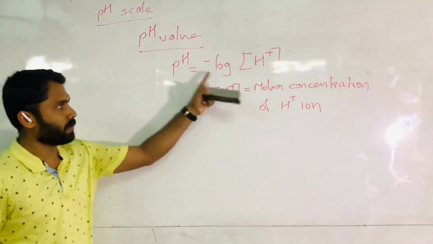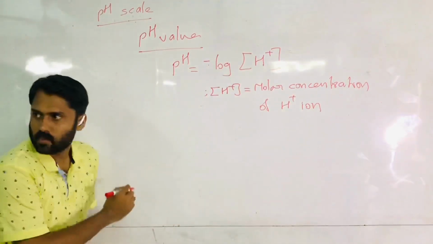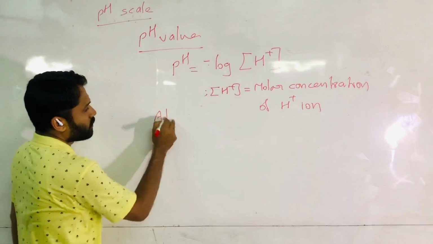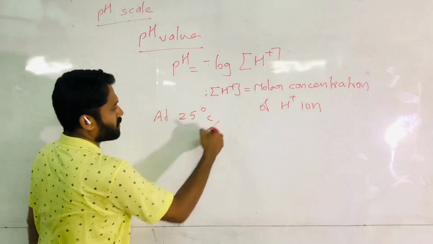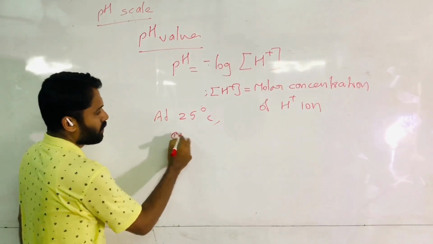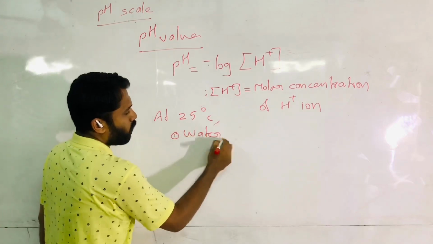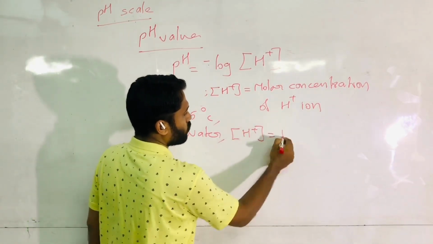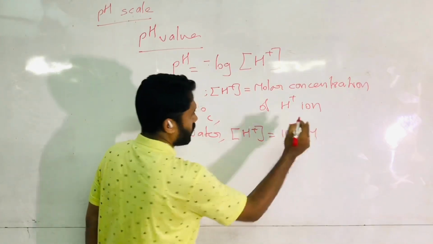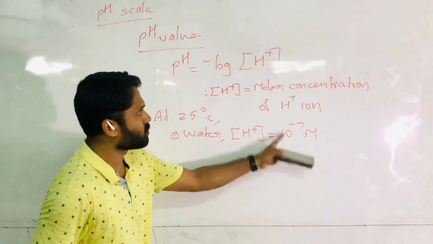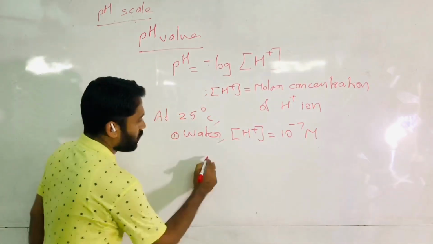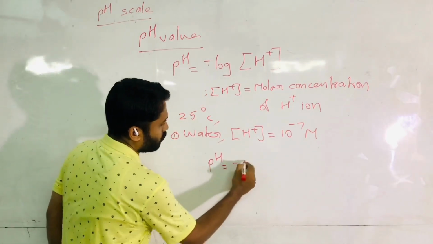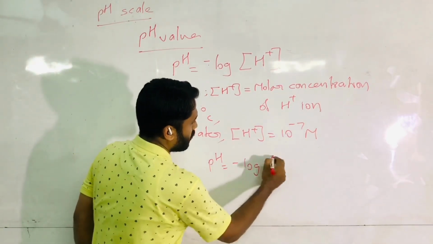Okay, pH equals minus log concentration of H plus. At 25 degrees Celsius in water, H plus equals 10 raised to minus 7 molar. We can substitute this value in this equation. pH equals minus log 10 raised to minus 7.